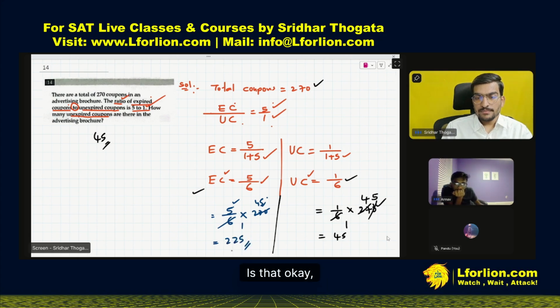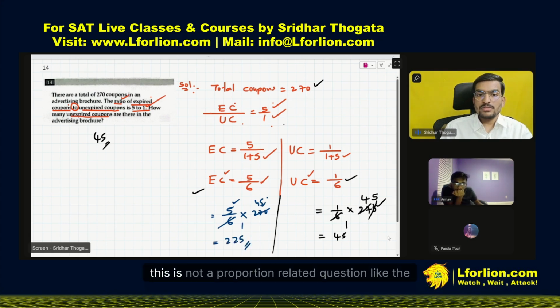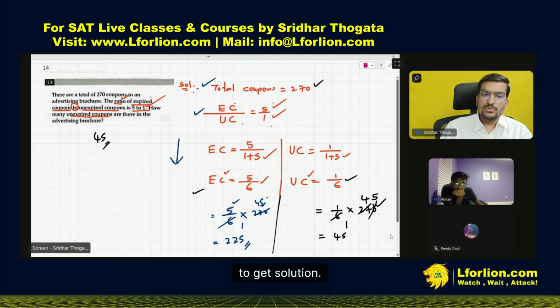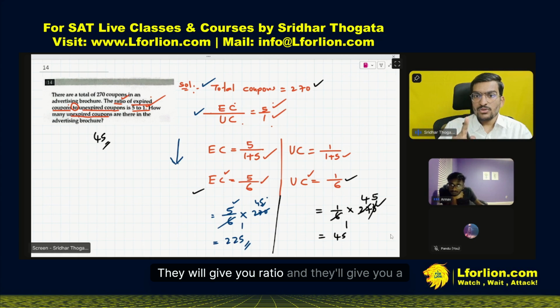Is that okay? So remember, this is not a proportion related question like the previous questions we did. This is a bit different question where they will give you a ratio and they give you the total. In that scenario, you need to follow this format to get the solution. They will give you a ratio and the total number of the actual thing.